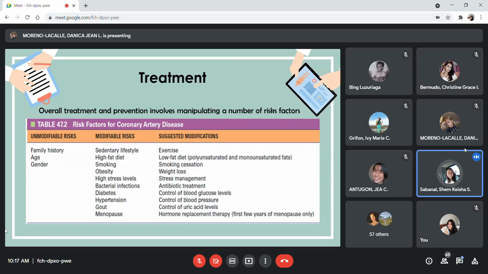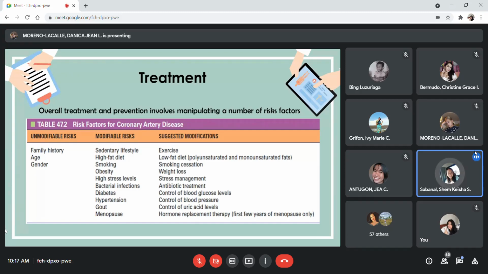And we can find this here in the table. So, of course, for our first column, we really can do nothing about it. Those are unmodifiable. For our modifiable risks, we can do exercise, have a low fat diet, quit smoking. We also need to do weight loss activity. We need to manage our stress.